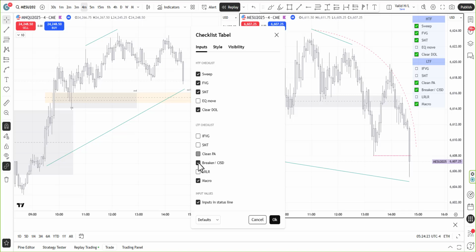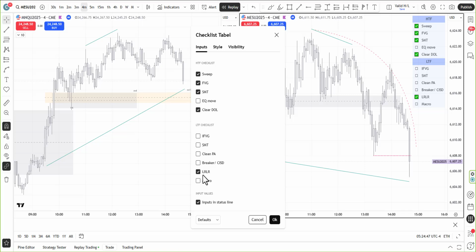Now what we want to see, and that's something we need to take into account, do we get an IFVG, which is the prime requirement? Maybe we print an SMT. I have learned that having clean PA, good displacement, is really important. We do have the lower time frame resistance.